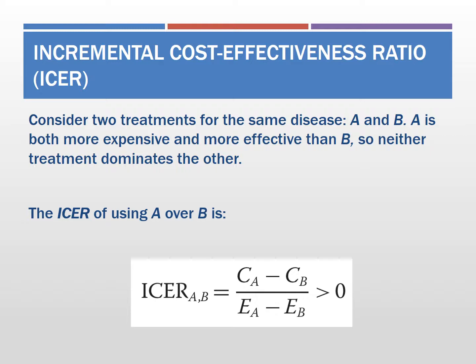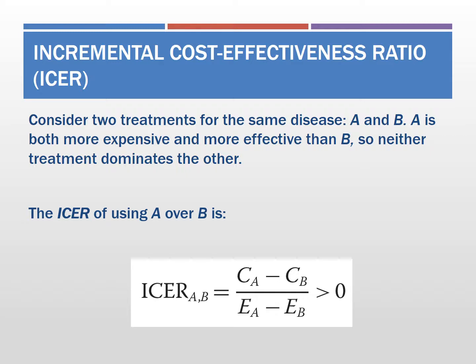The incremental cost effectiveness ratio is calculated by using CA, which is the cost for treatment A, minus the cost of treatment B, divided by the benefits of treatment A minus the benefits of treatment B. And this ratio will always be greater than 0, so that means this ratio will always be positive.